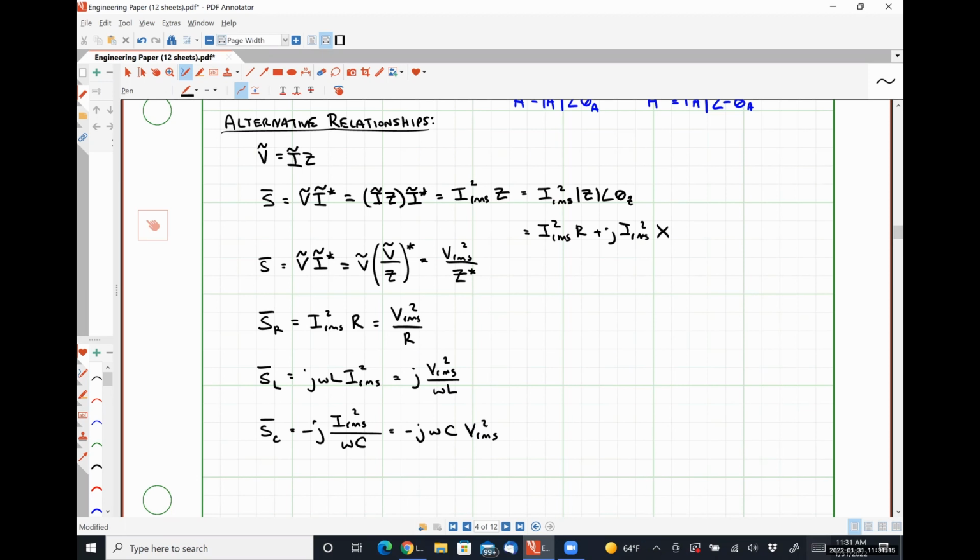And capacitors absorb negative reactive power or supply reactive power to systems, which we can see because of the negative sign in front of our J's here. Okay, so this is telling us exactly how all of our regular circuit elements behave, which also leads into the concept of power factor correction: how do we inject or supply VARs to a system.